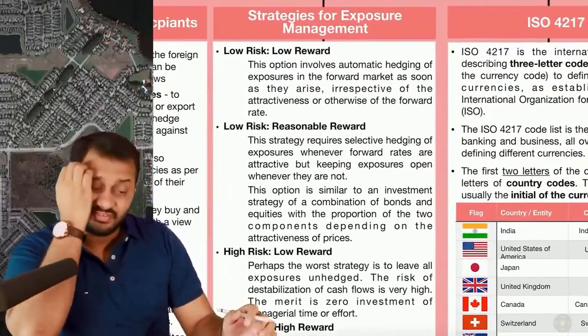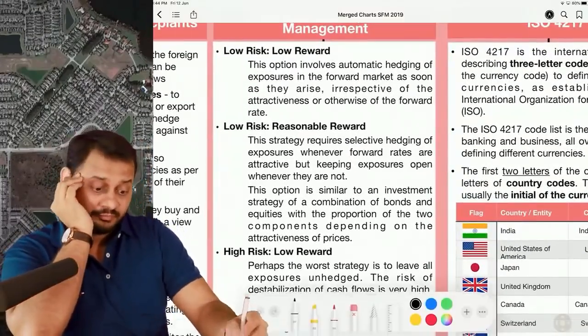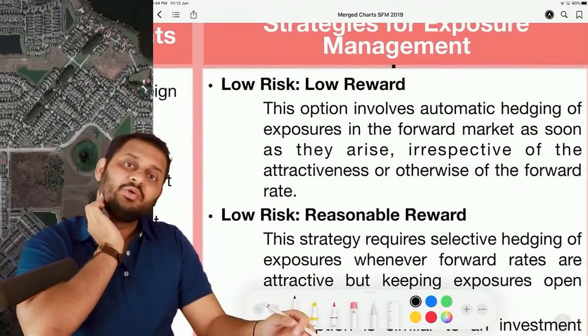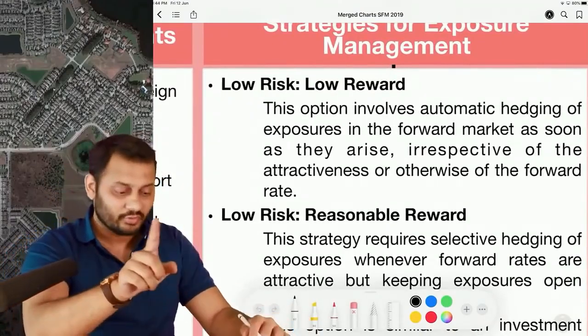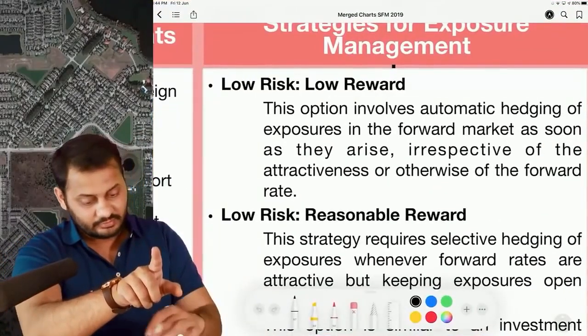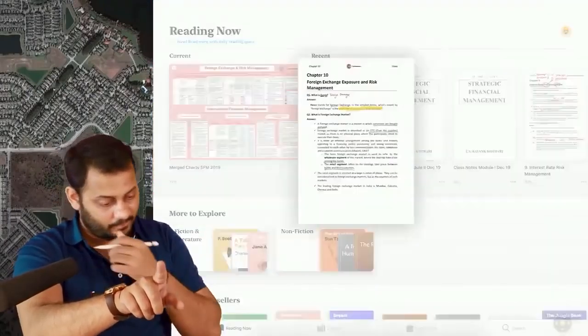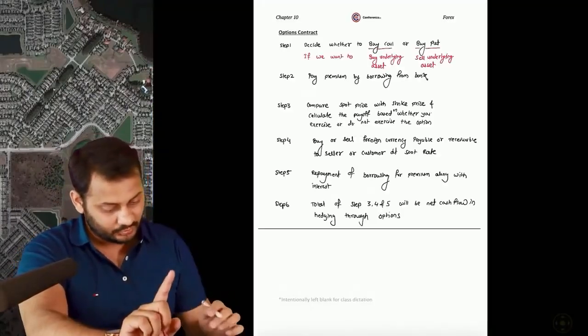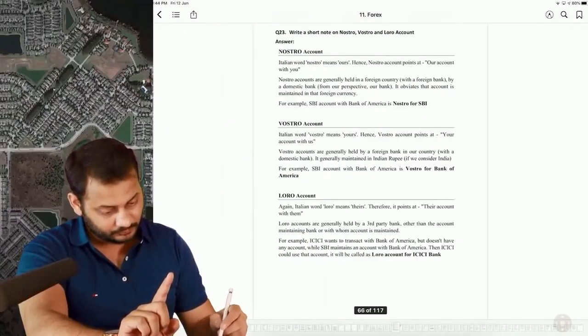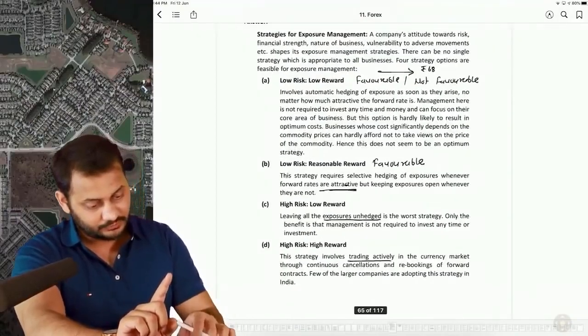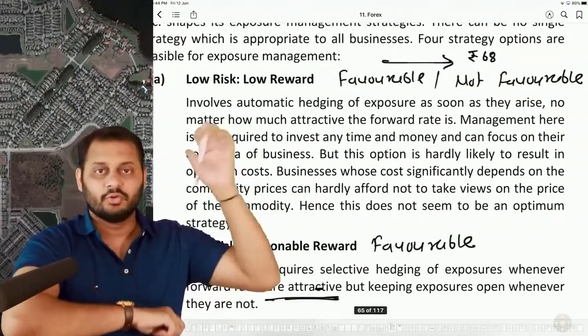Yeah, strategies for exposure management. If you remember, low risk, low reward. When do you say it has a low risk, low reward? I will take you to that note in our book. See, low risk, low reward.